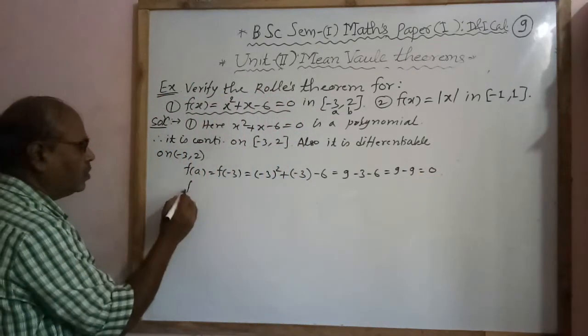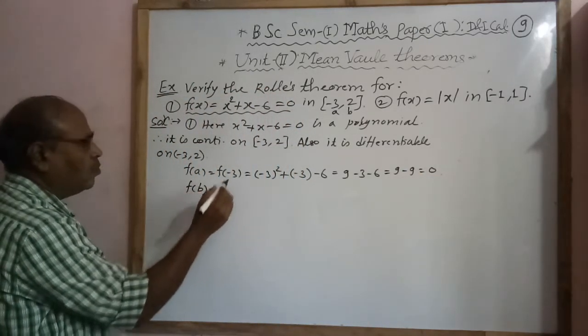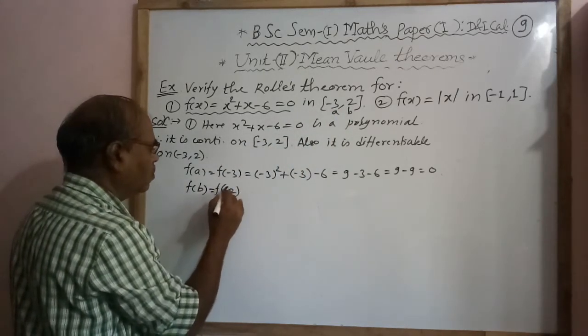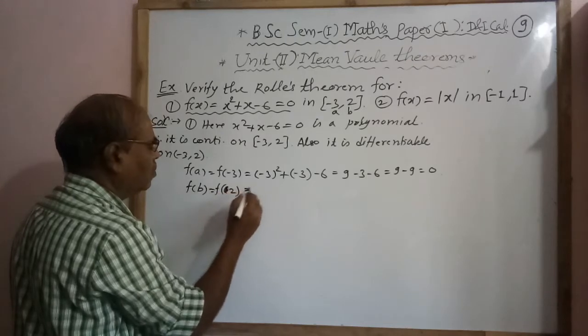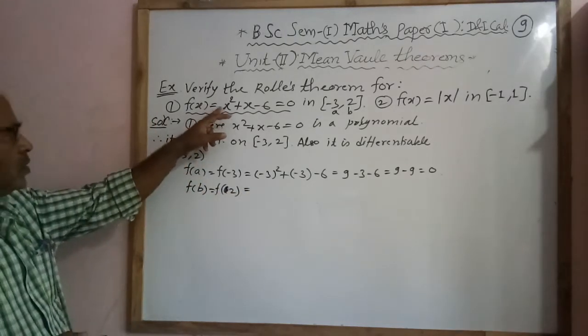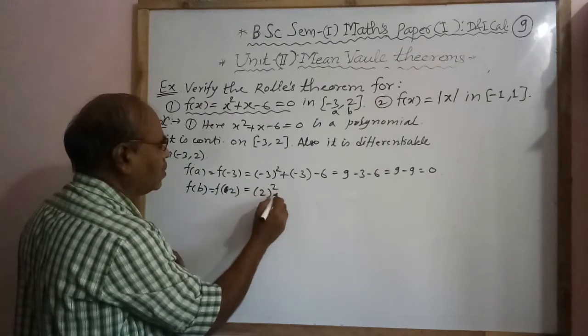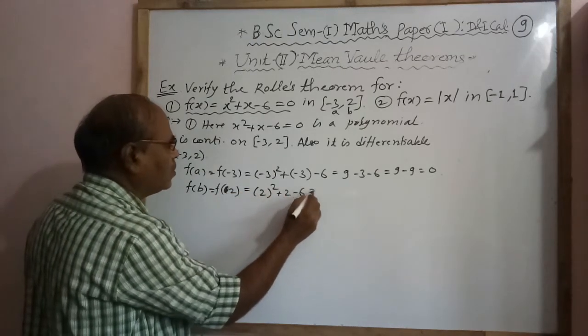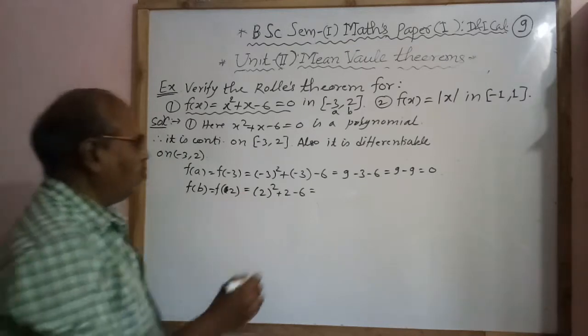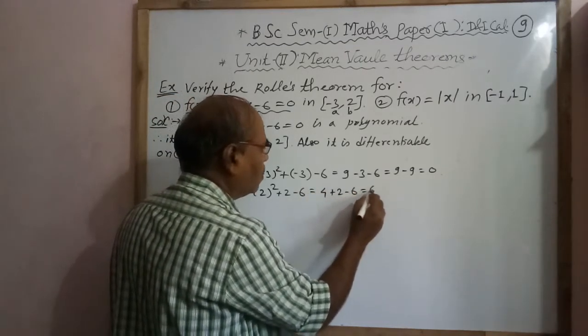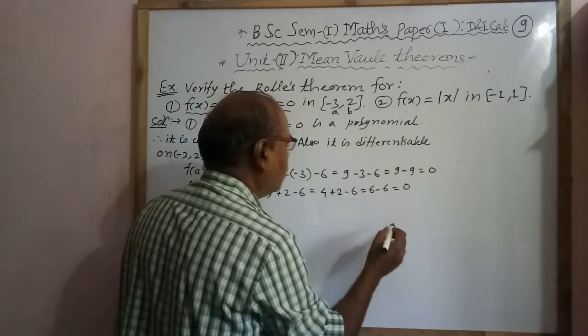Then f of b, that is f of 2. Put x equals 2: 2 square plus 2 minus 6 equals 4 plus 2 minus 6, which is 6 minus 6 equals 0.